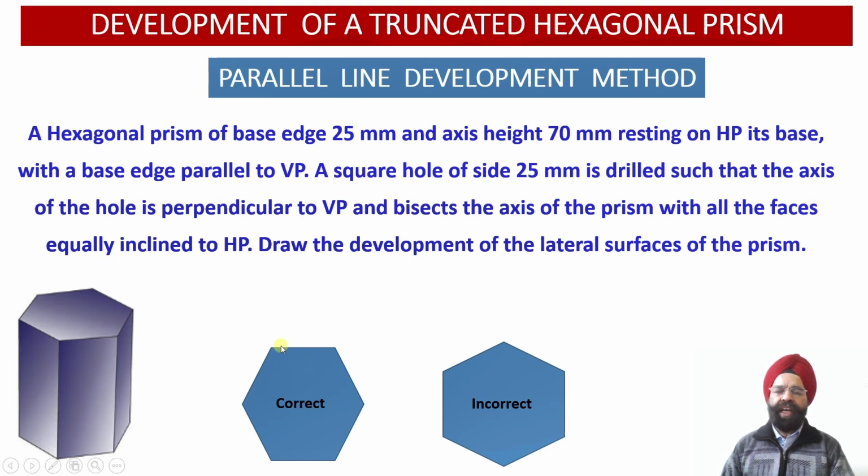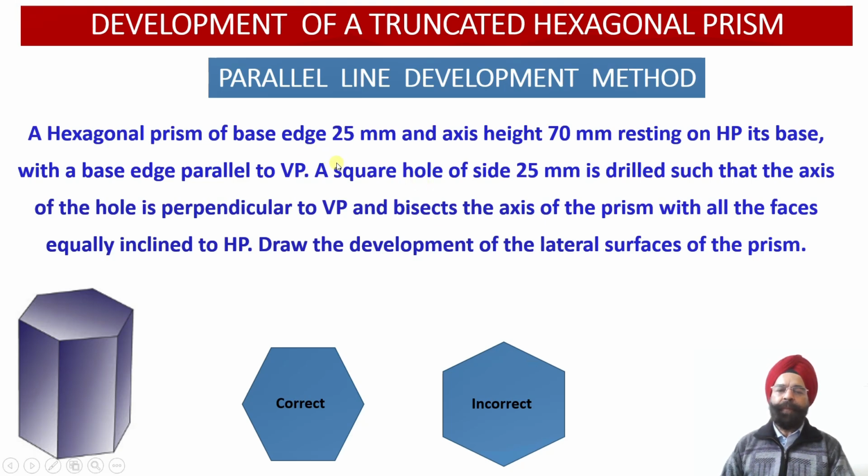Whereas if we locate the hexagonal prism on the horizontal plane in this orientation, we obtain one of the edges of the base parallel to the vertical plane. So this is the correct orientation of the hexagonal prism with respect to the two reference planes, horizontal plane and vertical plane.